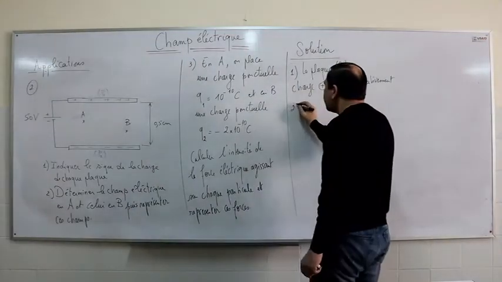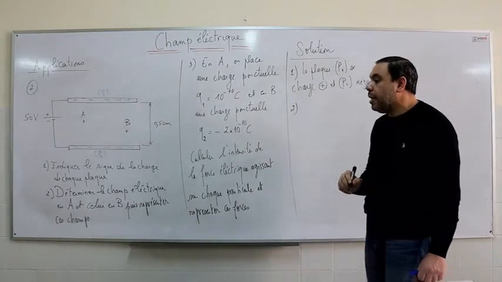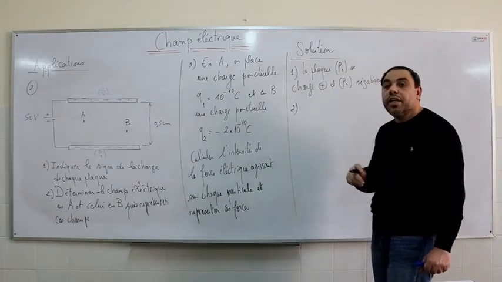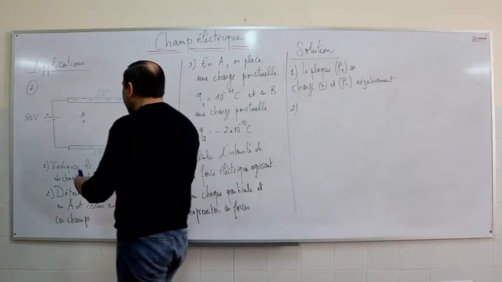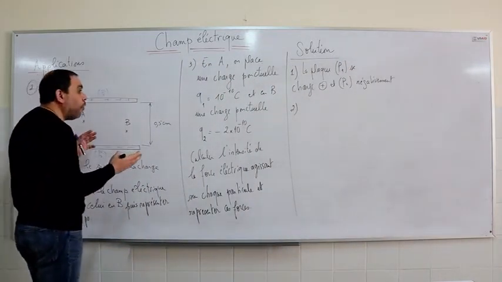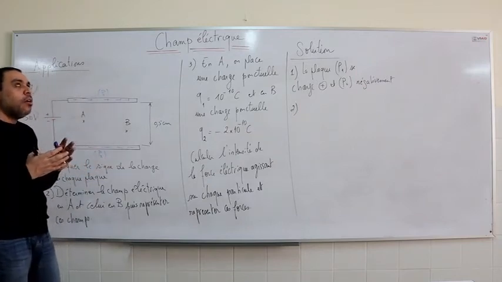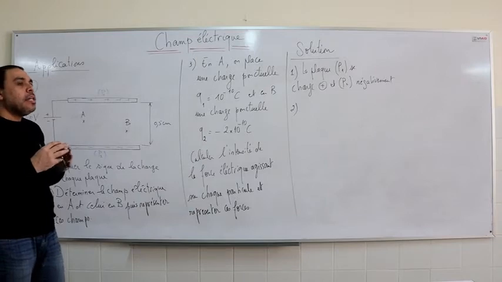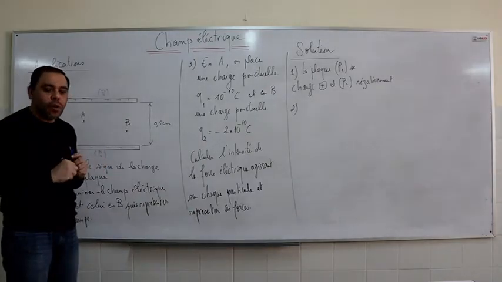Part 2. Determine the electric field at A and B, then draw it. A and B are found between two charged plates. Then the field created at A or B is that coming from both plates.